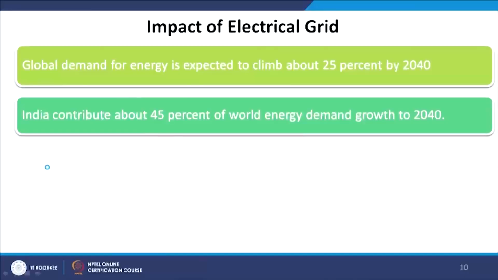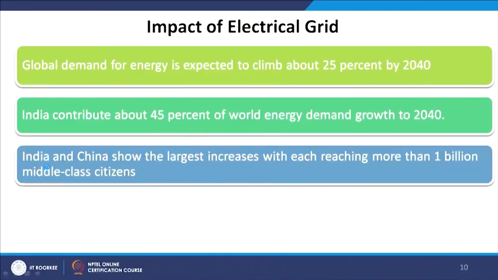Above all, India contributes about 45% of world energy demand growth in 2040. So, the whole world is worried about creation of energy sources in a cleaner, green manner, whereas the challenge on India would be far more, because out of that 25% increase by 2040, a 45% increase is just by India.